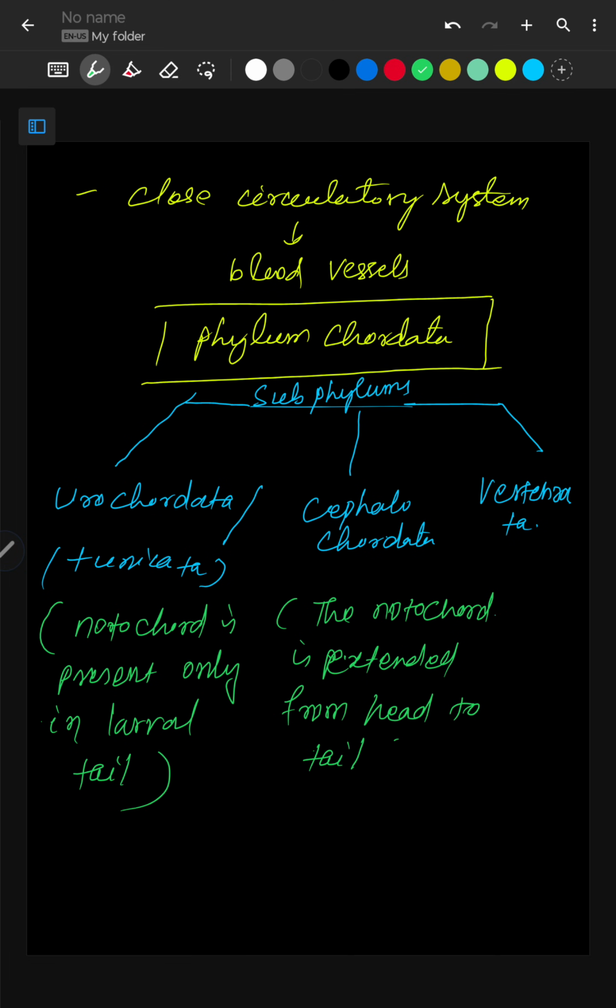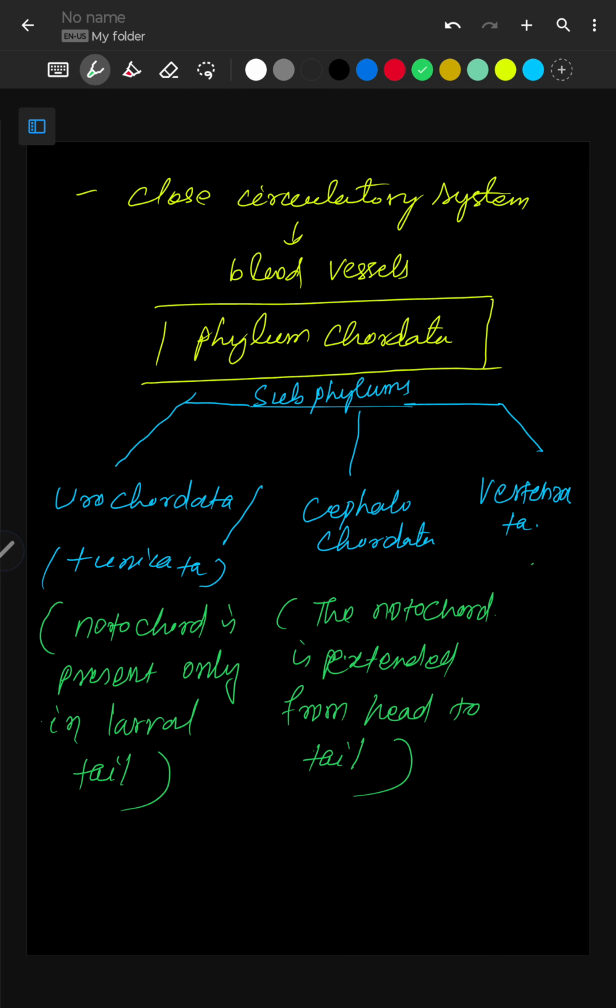Okay, so it is present from head to tail. These Urochordata are commonly called protochordates or primitive chordates.